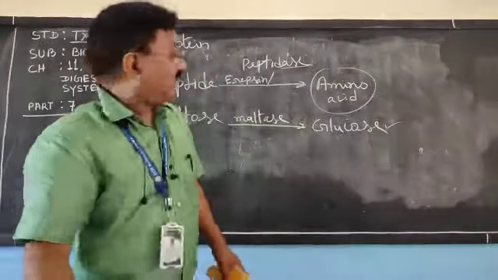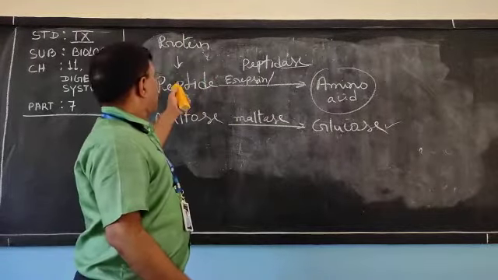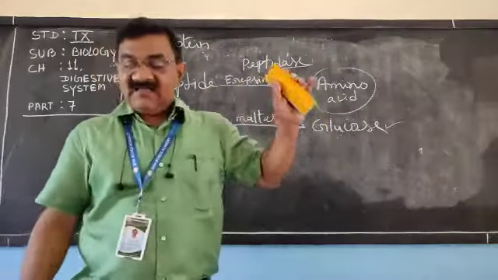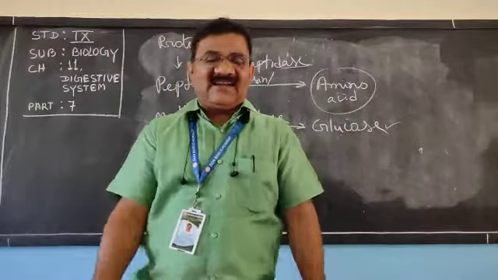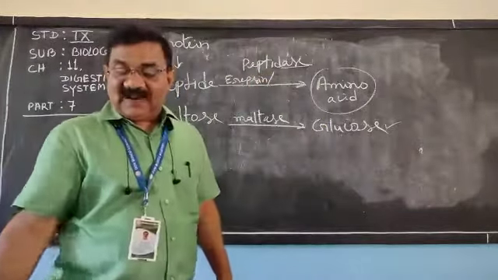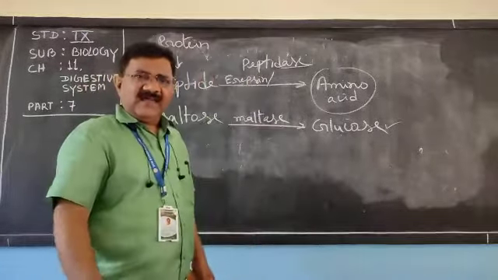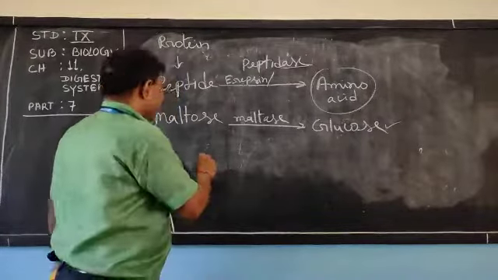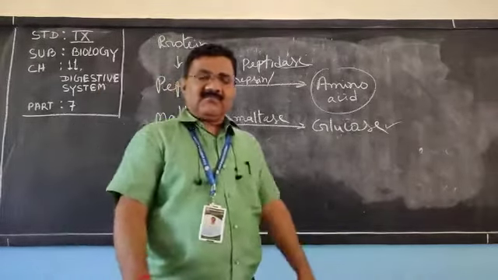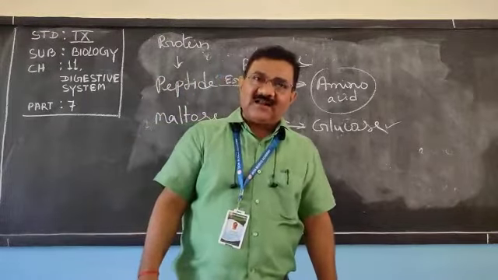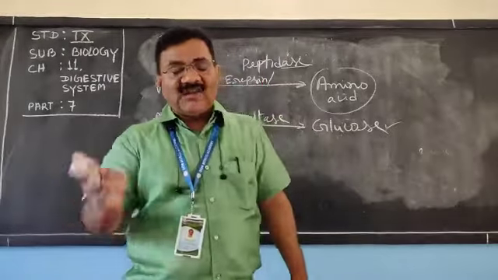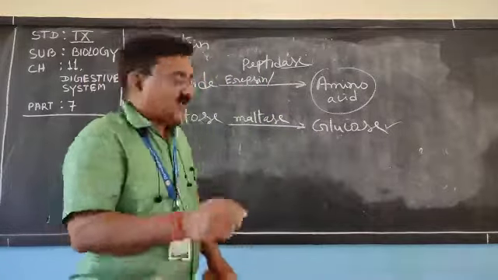Next thing which we have discussed, fat: it is changed into fatty acid and glycerol by the help of lipase. And we drink milk, and milk contains a type of sugar. Can you name that type of sugar? Lactose.